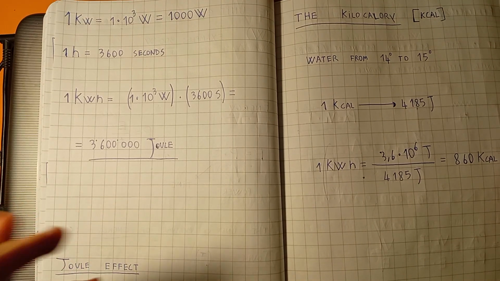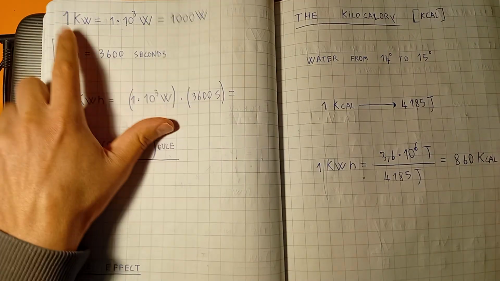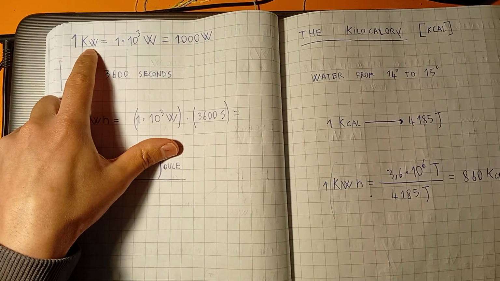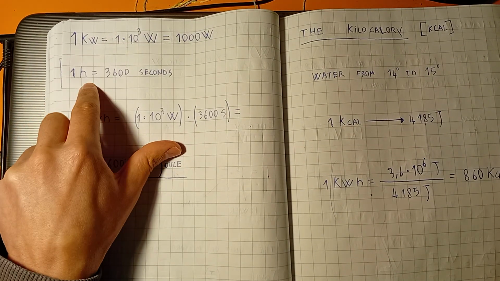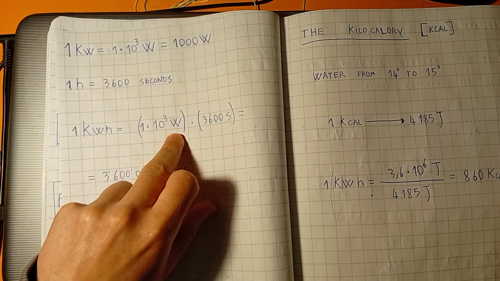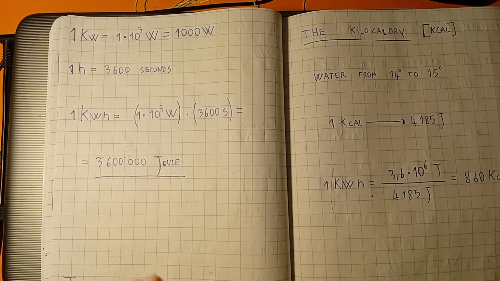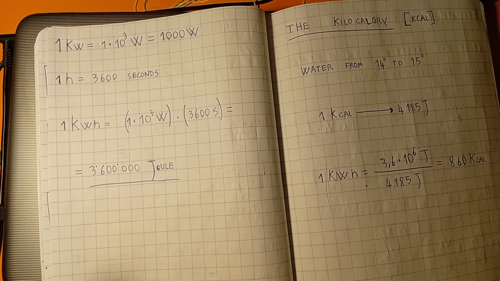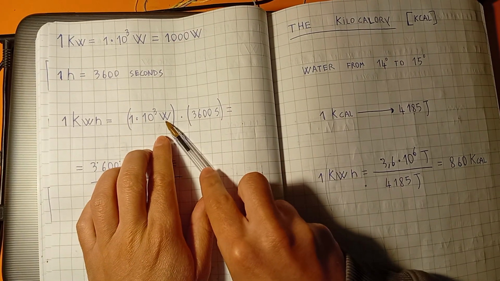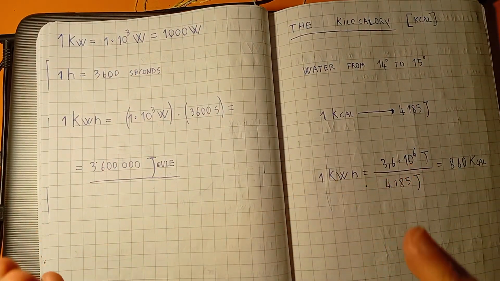Now maybe you can ask a possible question: if I multiply watts by seconds, why do I obtain a measure in joule, in energy? Well, it is simple. You are multiplying power by time, and you obtain energy.